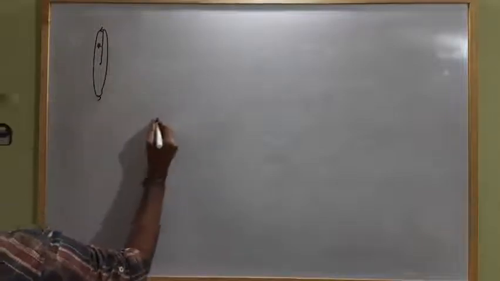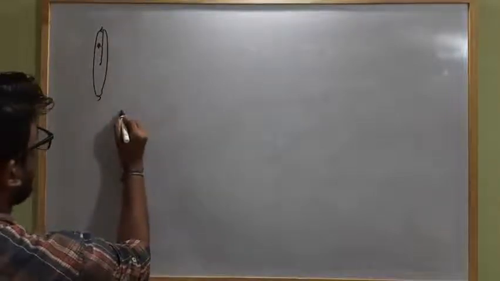The radius is R and it carries current along this direction like this. And here is another circular coil.